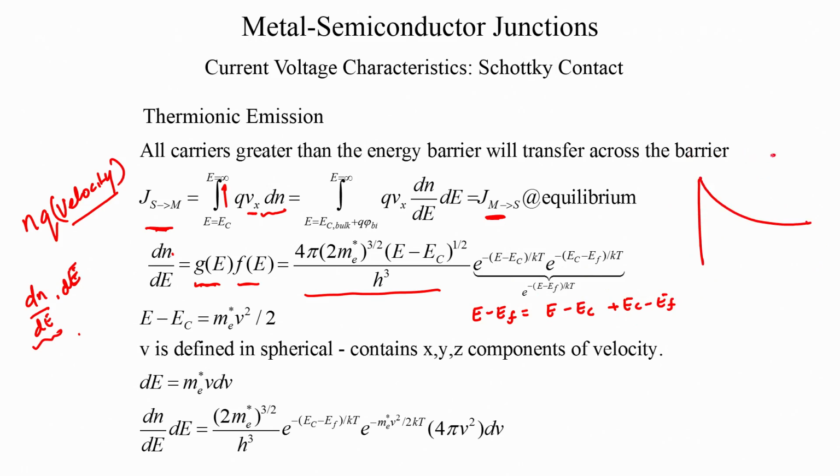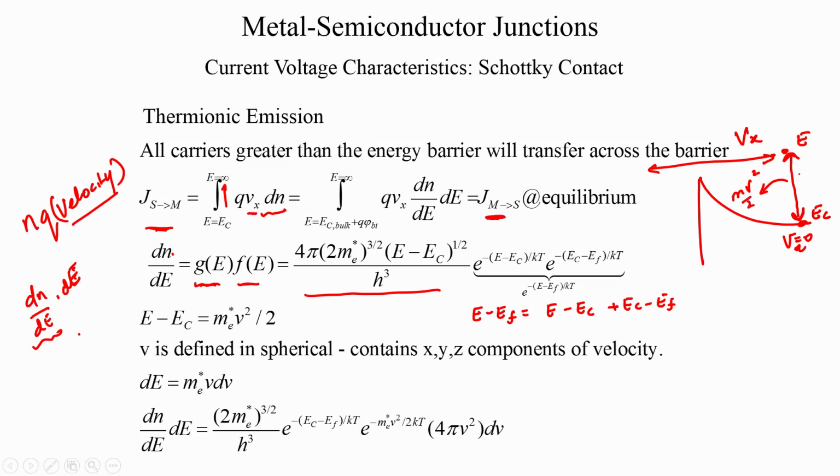We are interested in looking at the velocity in the x direction of all these carriers, and these carriers have got some energy E, and this energy here is Ec. The carrier sitting at Ec has got 0 velocity, and E minus Ec, this gap, is especially important for me because that is the energy that is given to the carrier in the form of kinetic energy.